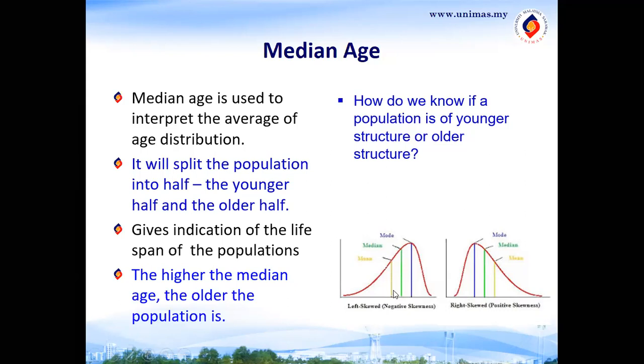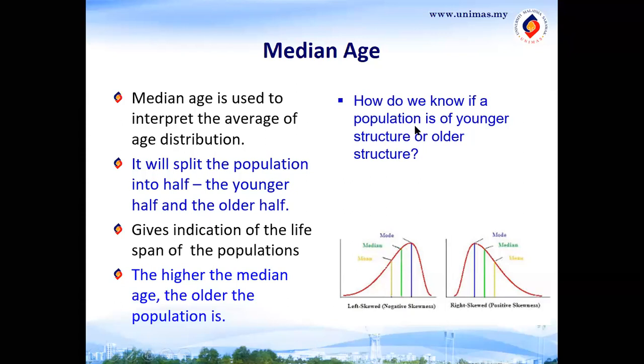So what it means is that the population tends to be younger. On the other hand, if you look where the median is towards the upper end or right side of the distribution, so that would be indicating that the population is older population anyway.